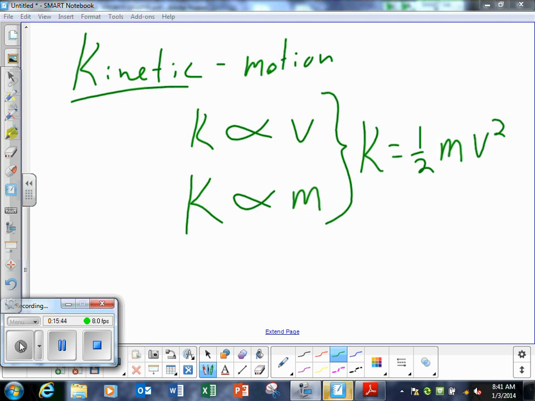So the whole question about who gets to play football on Friday, Saturday, and Sunday. It used to be said that the people with more mass get to play on Sunday. If you have more mass, you go all the way. But we also have to realize that if you have more speed, you get to play on Sunday too.